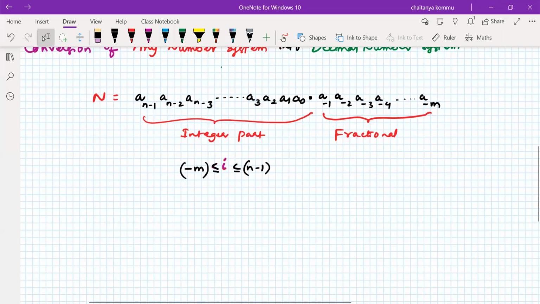For example, what does it mean exactly? Let us consider an example, 7321, I'm writing it this way as a number n. What is the value of this number?